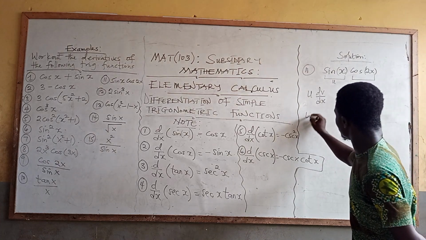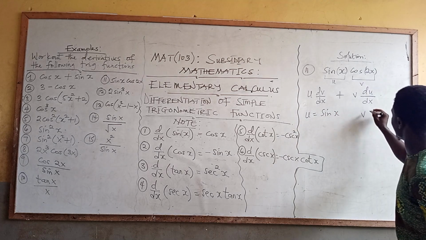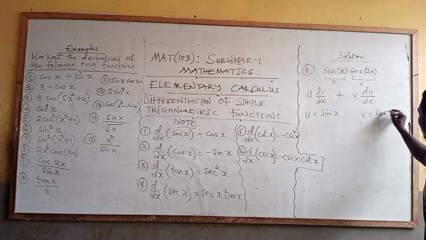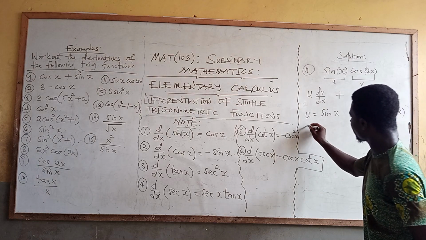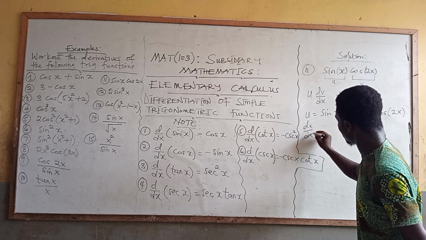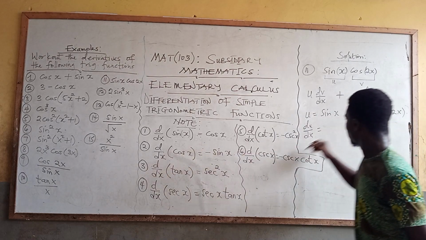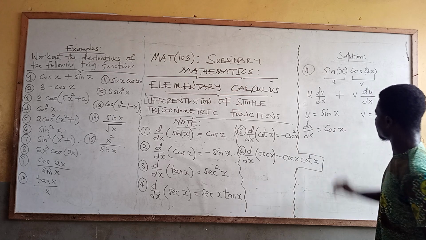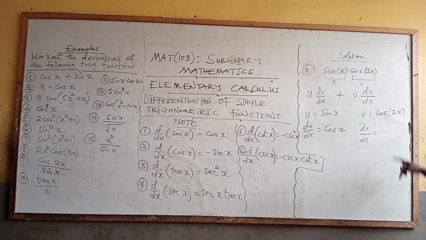So my u is sine x, then my v is cos 2x, right? So now we differentiate u with respect to x. When we differentiate sine x, we get cos x. Then when you differentiate v with respect to x, don't forget, let's differentiate cos 2x.